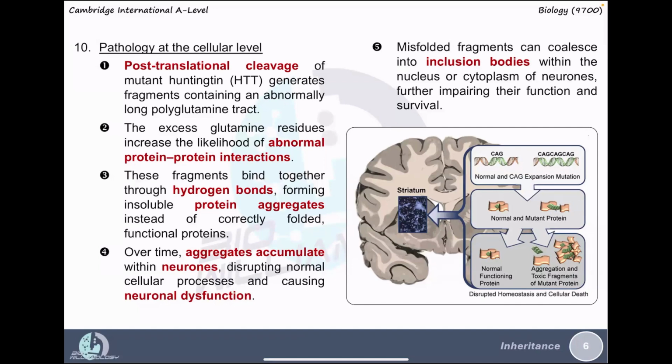One copy of the allele is sufficient to trigger the disease, because one copy of the allele with CAG repeats will form this protein aggregate, which disrupts the normal functions of the neurons.